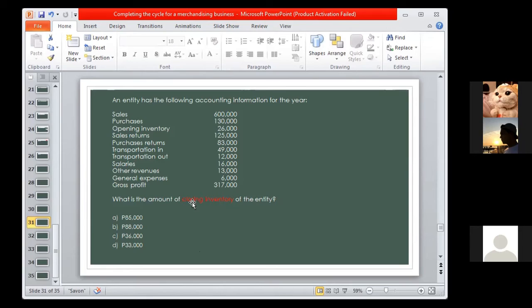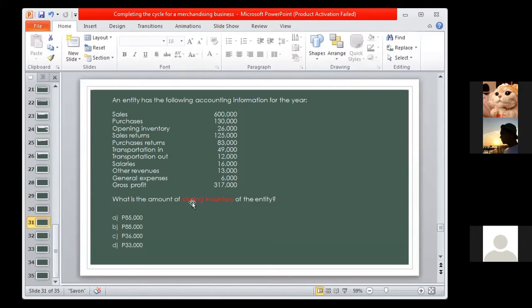Okay, meron bang sagot? Sige. Ikaw mag-isa naman.